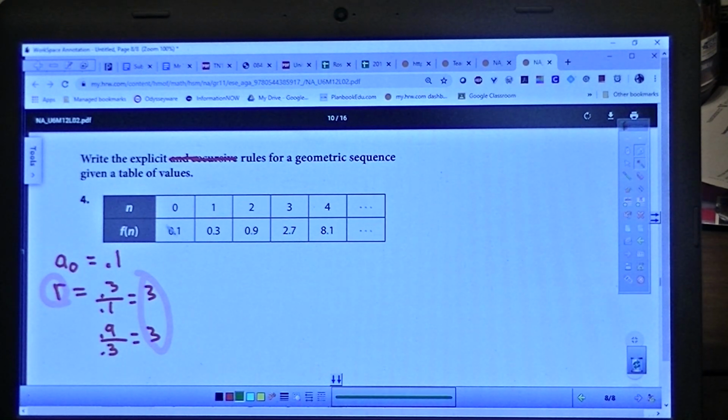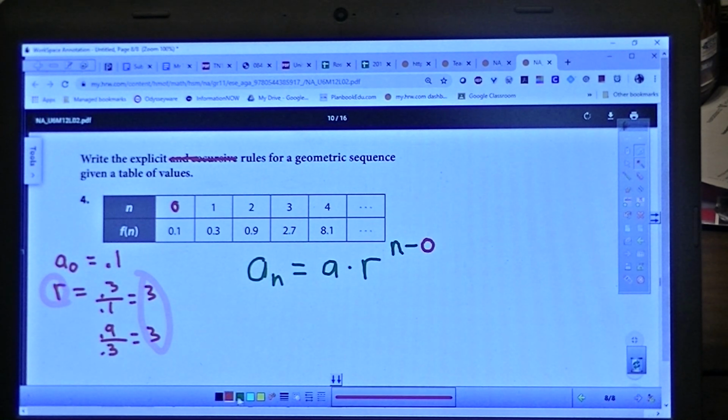So it starts at 0, so we're going to use a sub n equals a times r to the n minus 0. We really don't need the minus 0, but I'm putting it in here to remind us why, because that's a 0.